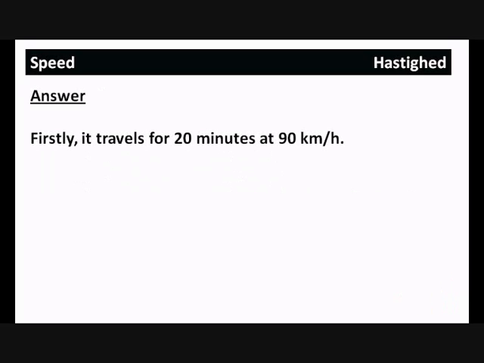We'll think about the first part of the journey first, 20 minutes at 90 kilometers per hour. So 90 kilometers per hour means that it can travel 90 kilometers in 1 hour, but in fact it's only traveling for 20 minutes, so we need to find out how many kilometers it's going to go in those 20 minutes.